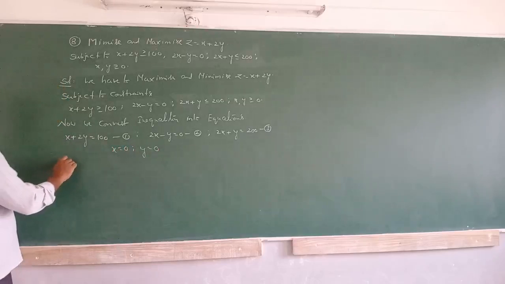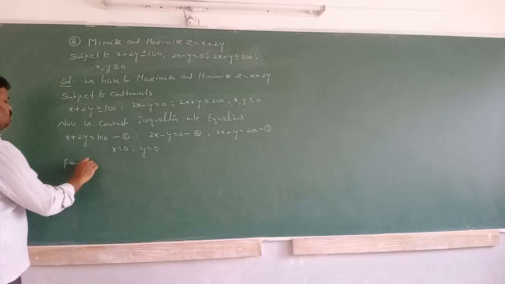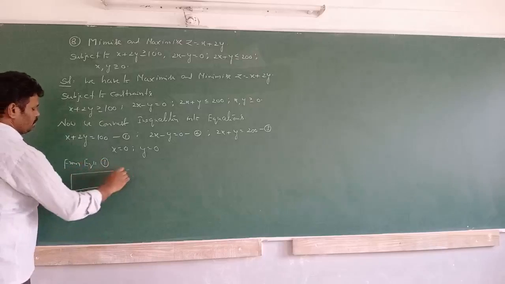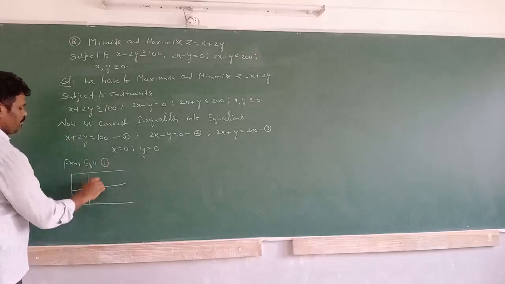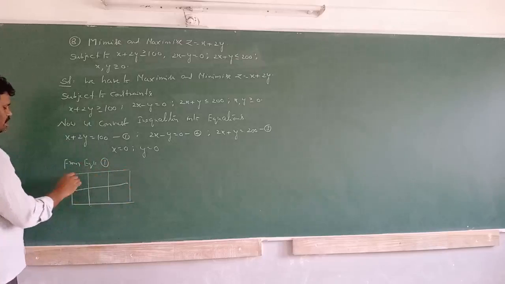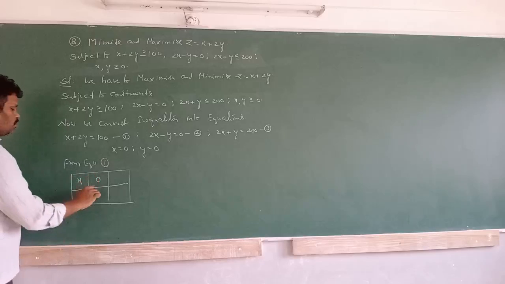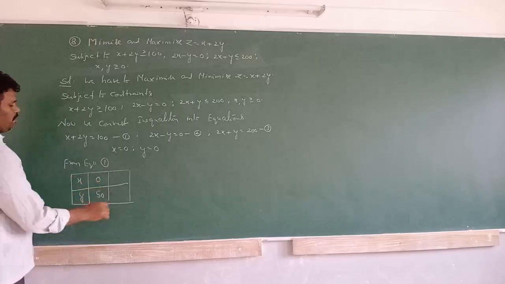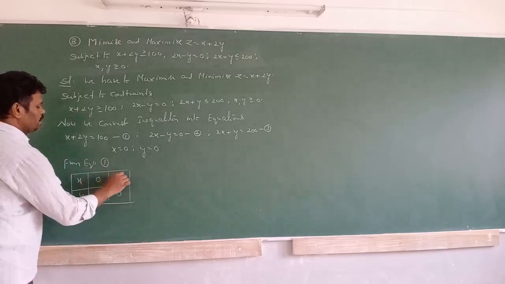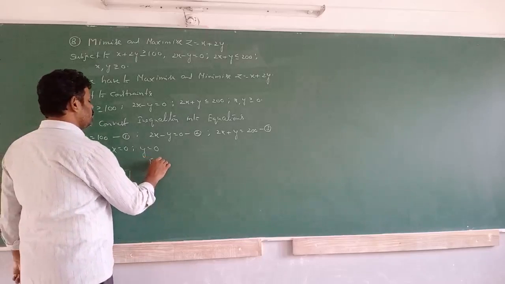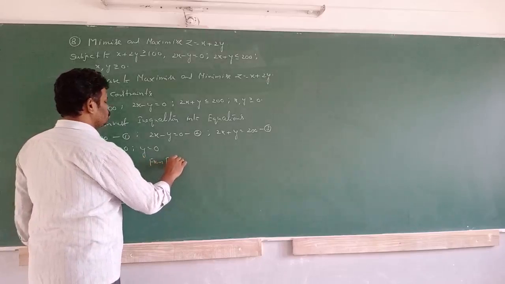From equation 1, taking x, y values: x is equal to 0, y is equal to 50; y is equal to 0, x is equal to 100.